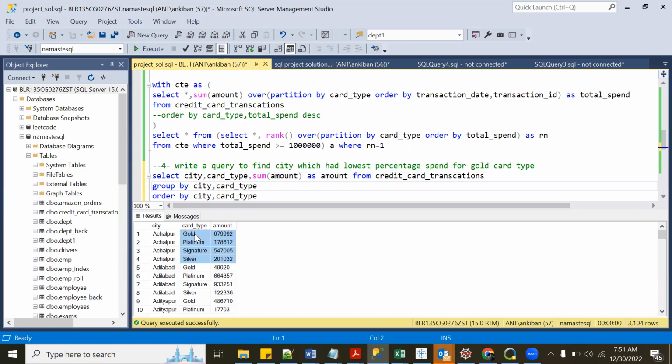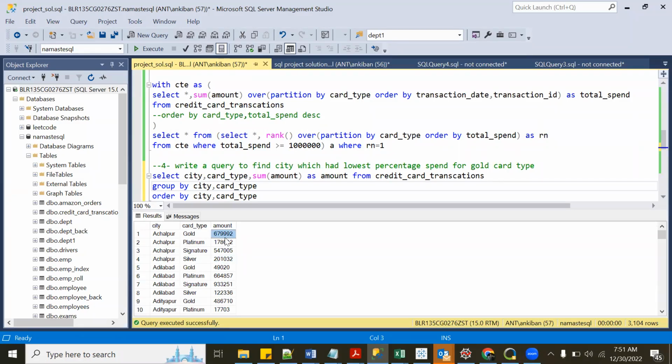Are we clear on the question? So for example, this city has done, let's say, 67,000, 17,000, 54,000 and 20,000. So this comes to around 1,50,000, right?